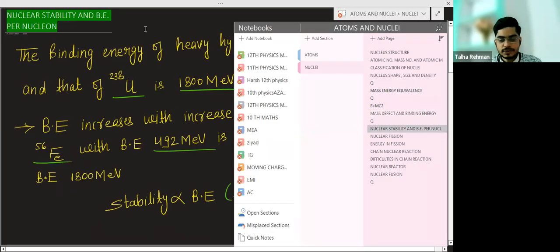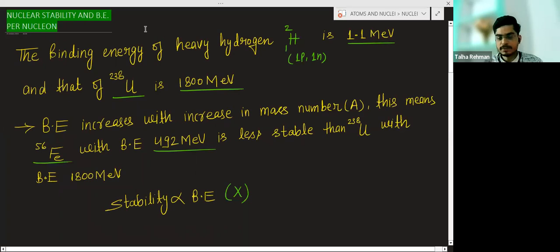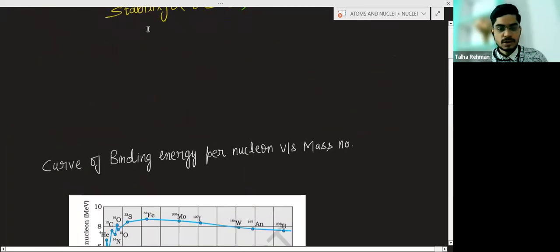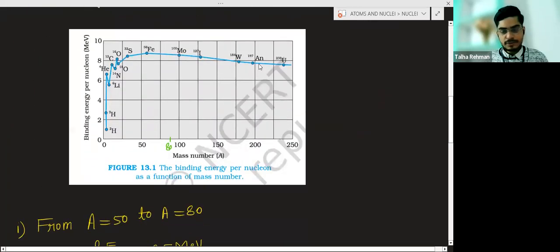After that, we discussed nuclear stability. We have seen the graph between the binding energy per nucleon versus the mass number. For lighter nuclei, the binding energy per nucleon is less. For example, take hydrogen of mass number 2.